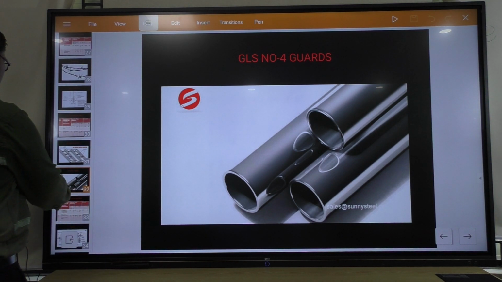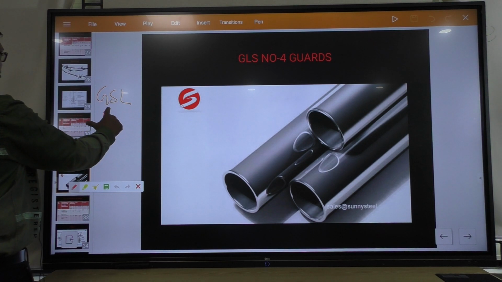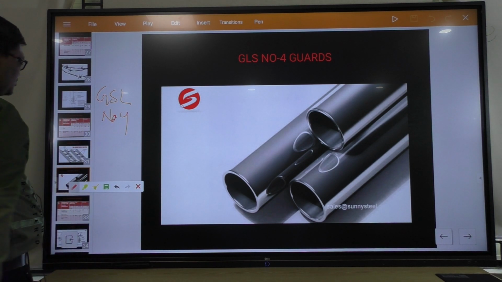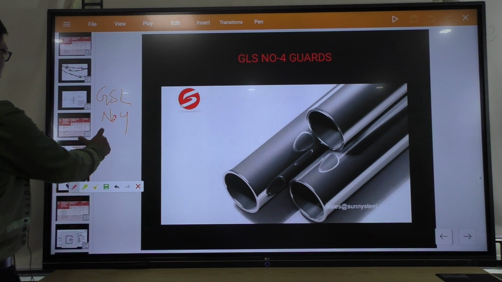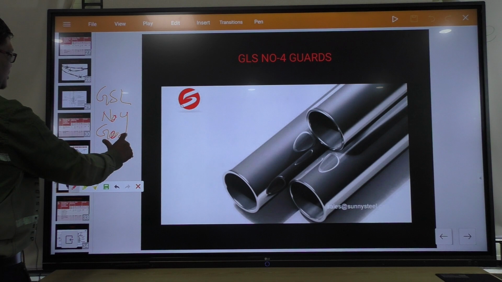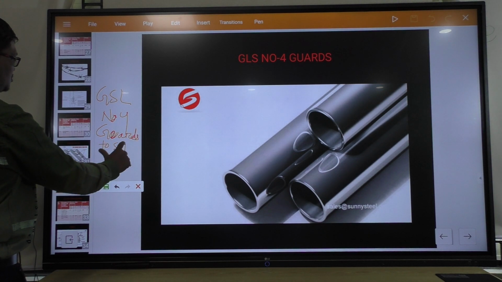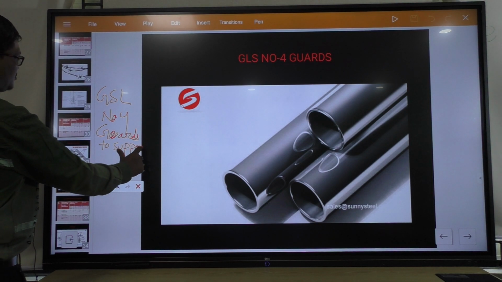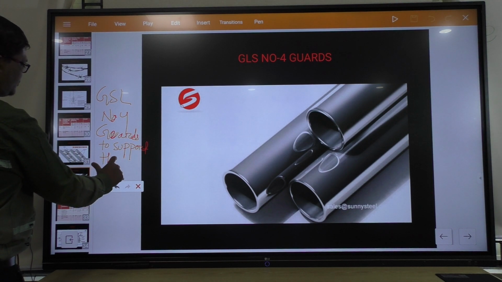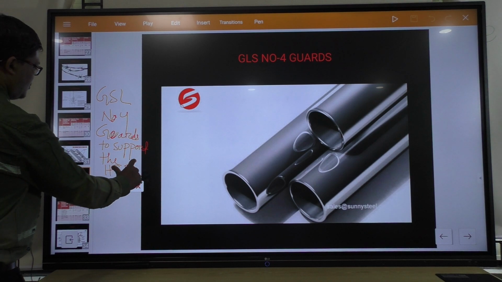The specification is GSL number 4, used as guards to support the structure, to support the HT pole.